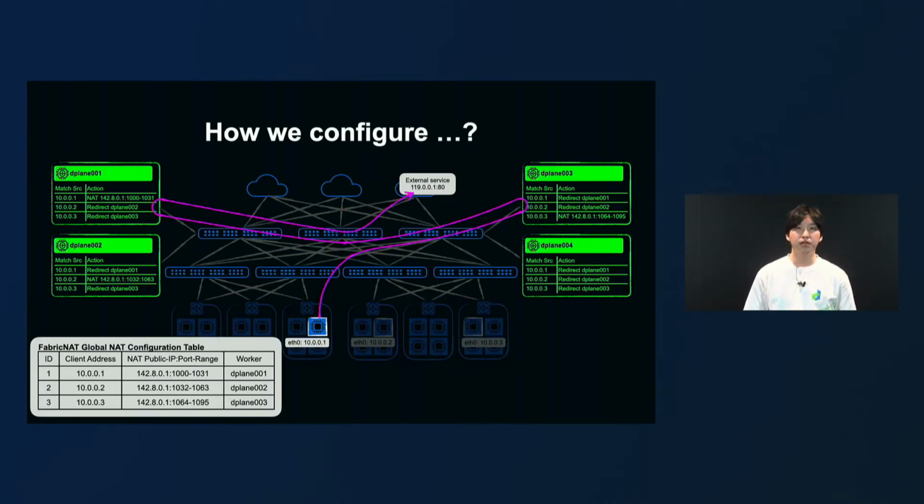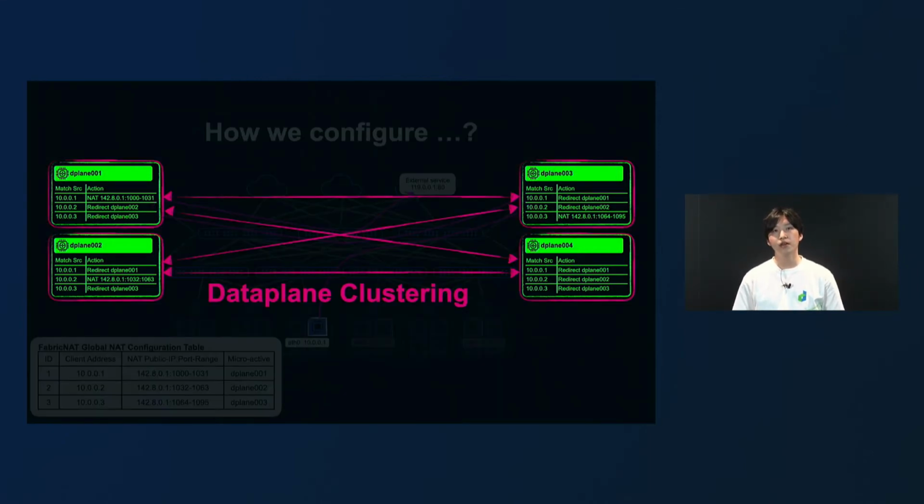I've explained the routing mechanism that the FabricNAT uses. Next question is, how do you configure it? As the Internet Gateway Service has an SLO of 4 nines or above, we need to configure clustering and distribution in an efficient and robust way.